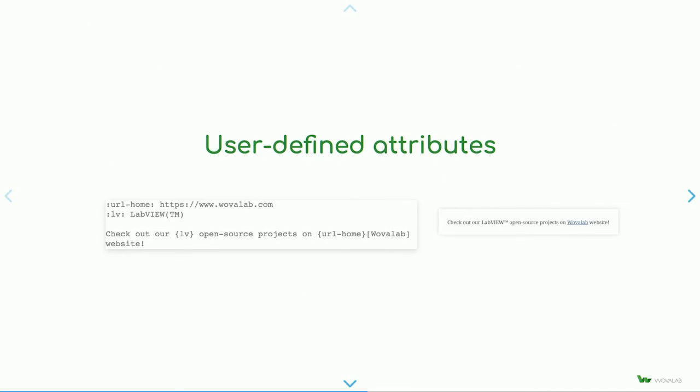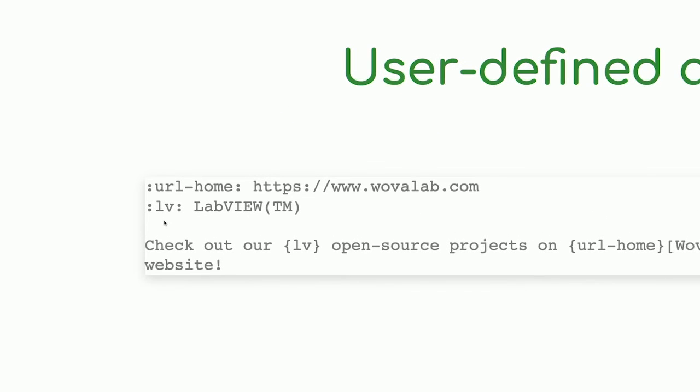If we look at user-defined attributes, we can see that we can declare URL attributes or content attributes. Here I want to use LabVIEW multiple times in my document.